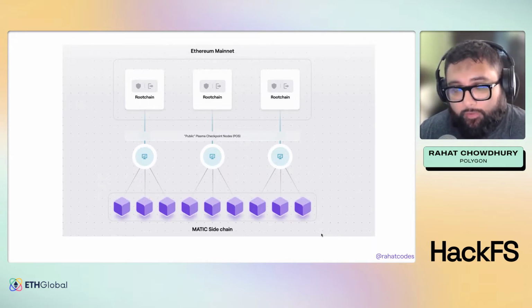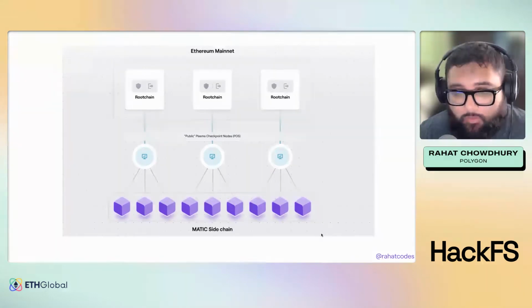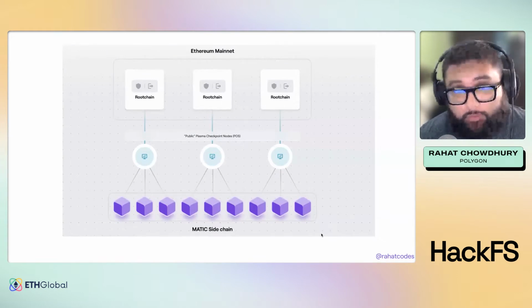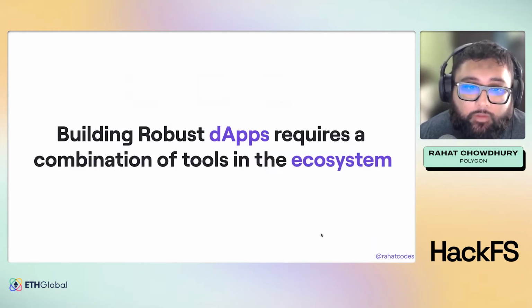We have a contract on there that essentially keeps track of all the hashed values of it. So what this means is this transforms the Matic sidechain into what's called a commit chain, and inherits some of the security and backing of the Ethereum mainnet onto Polygon itself.